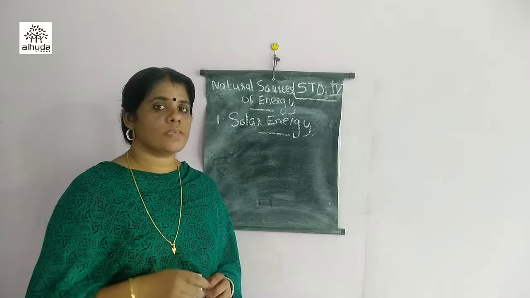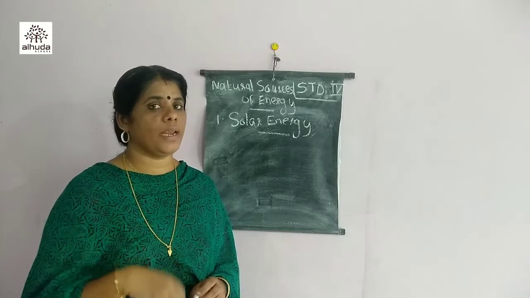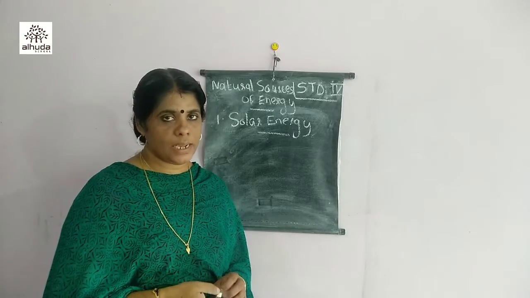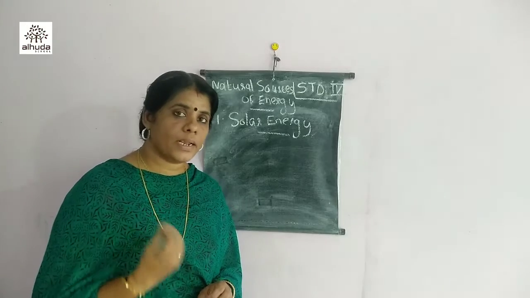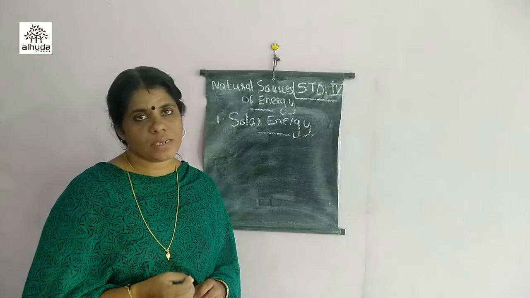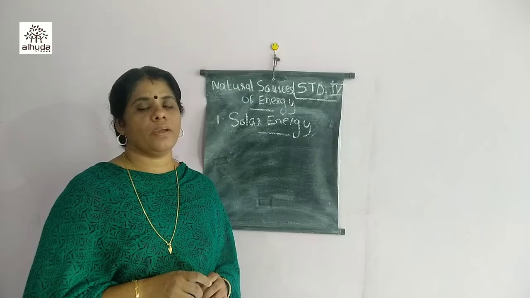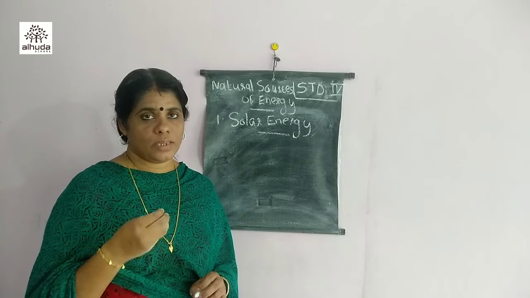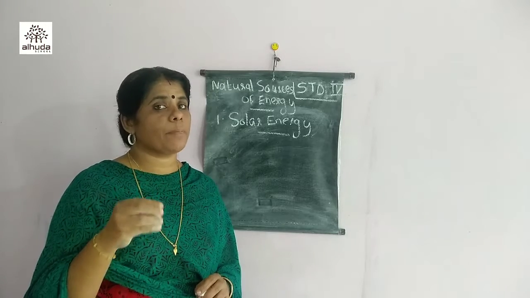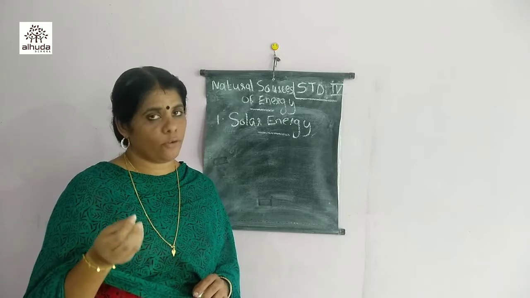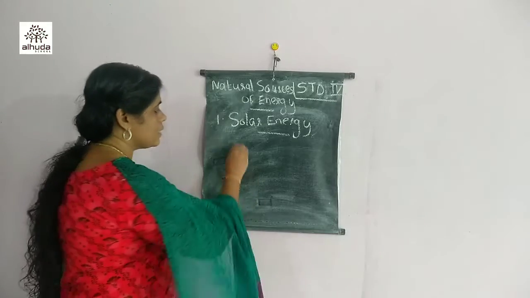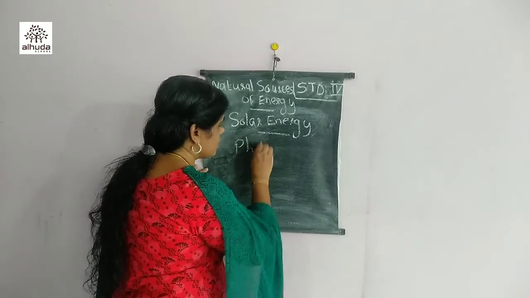So that food gives us a lot of energy. Whatever food we are eating, from that food we are getting energy. So directly or indirectly we are depending on the sun. How? In this way, plants prepare their food with the help of photosynthesis. What is photosynthesis?